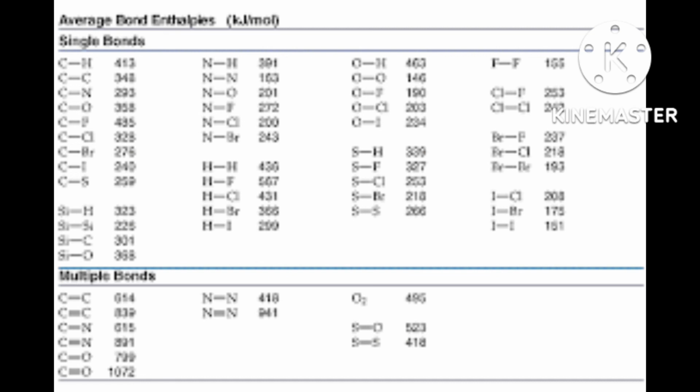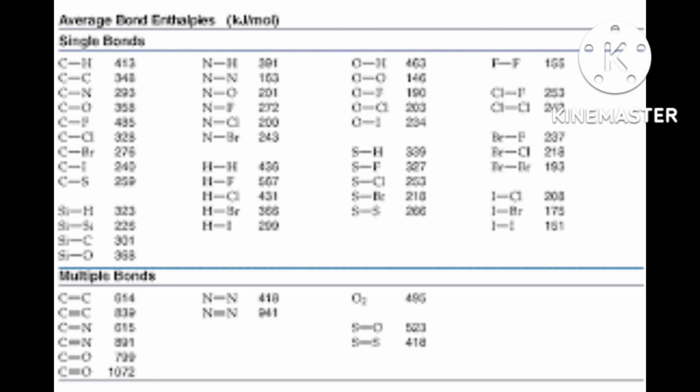In case of polyatomic molecules, poly means many, the measurement of bond strength is more complicated. For example, in case of H2O molecules, the enthalpy needed to break the two O-H bonds is not the same.